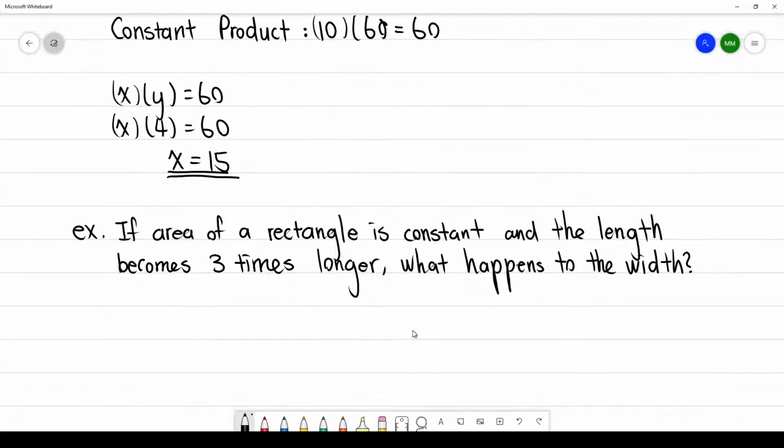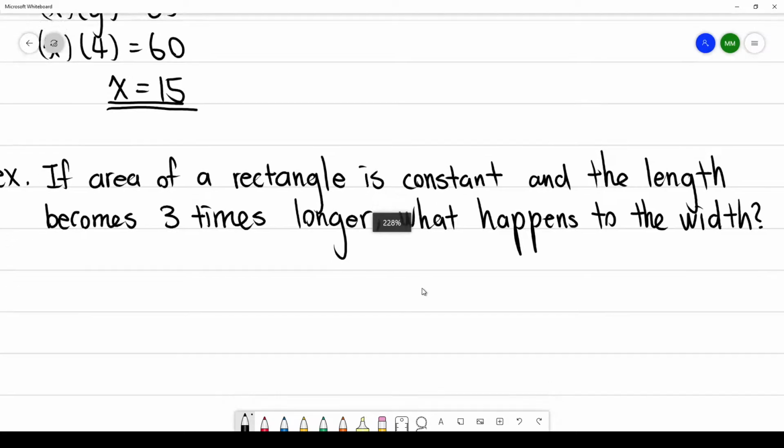So try this question out. Just again type it into the chat.